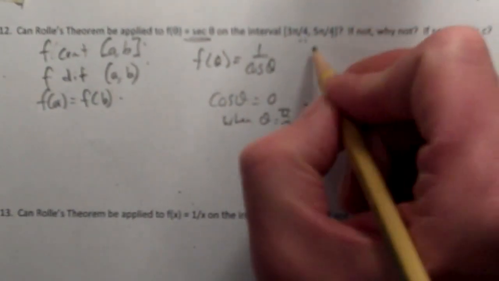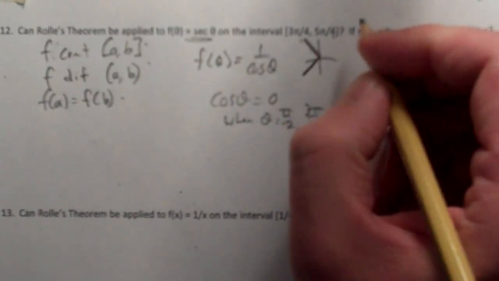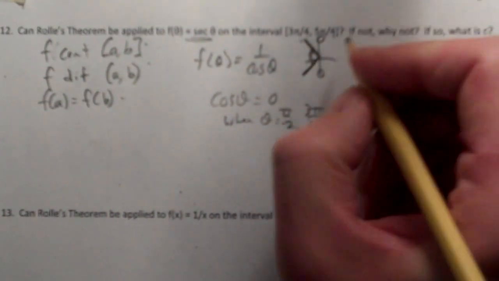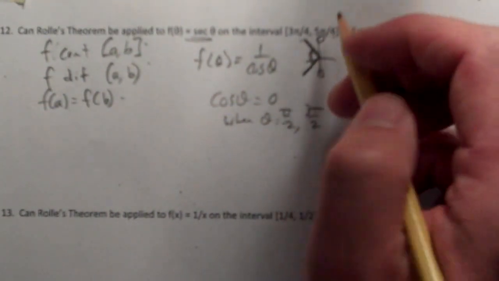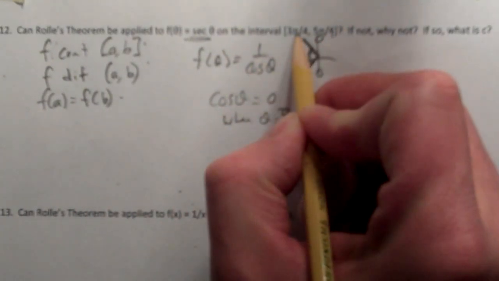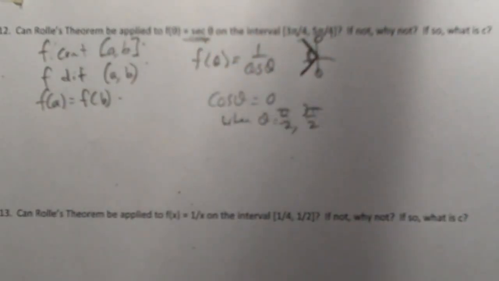Well, 3 pi over 4 is over here. 5 pi over 4 is down here. The issues would be at the north and the south. So we're good to go as far as continuity, as far as differentiability goes. The only other question is, does plugging 3 pi over 4 into the function give you the same thing as plugging in 5 pi over 4?